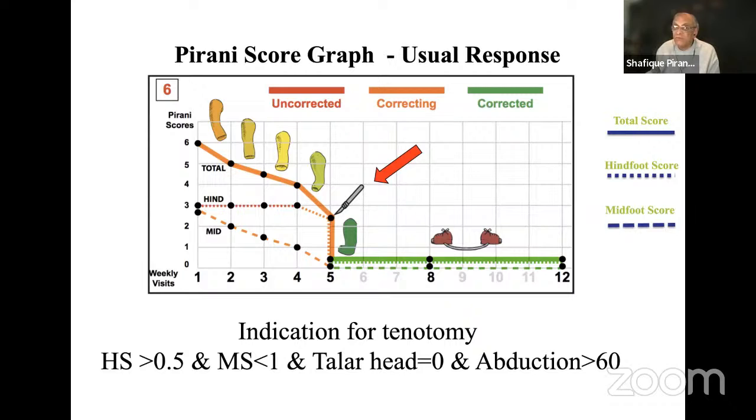It just takes 3-4 extra casts, but you have to be very careful because by dorsiflexing the foot on the tibia, you can crush the dome of the talus if you're using too much force. So it has to be very slow. In his book, he says you can facilitate the earlier correction of equinus by doing the tenotomy.